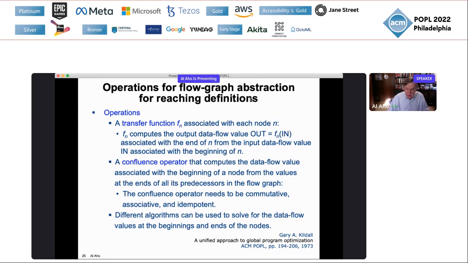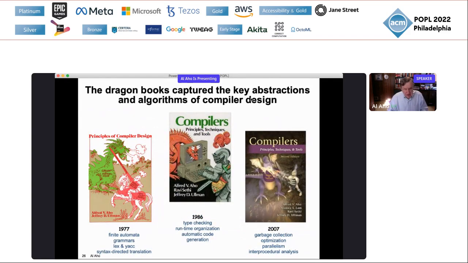The details of these and many other useful abstractions and their associated algorithms for compiler design are presented in a sequence of books on the principles of compiler design that Jeff and I co-authored in the span of 3 decades. The first book by me and Jeff was published in 1977, and it had 600 pages. The second book in 1986 added Ravi Sethi as a co-author, and it had 800 pages.